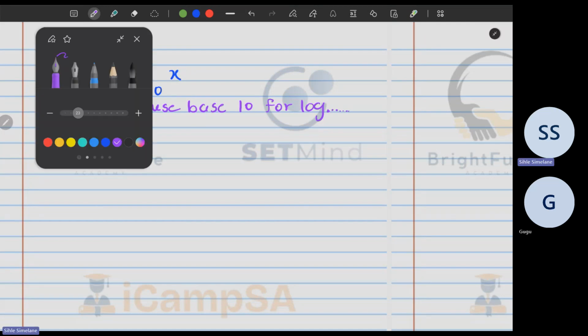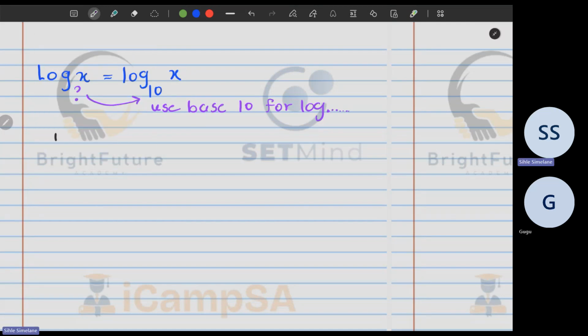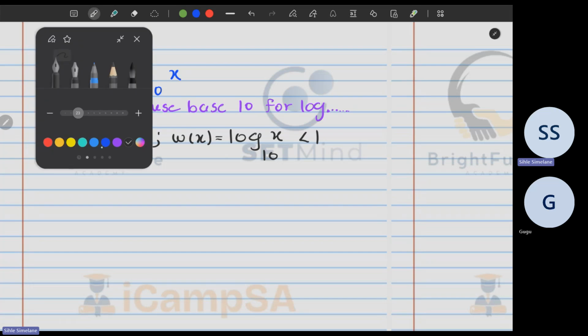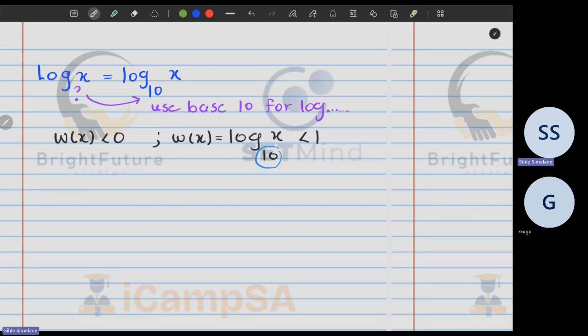Okay. So in our problem, they were saying that we need to look for values where our w of x is less than 0, meaning negative. But we know that our w of x is equal to log of x. But because there was nothing, I put in a base 10 and then I say less than 0. How do you remove a log? You take the base of the log, you make it to be the base on the other side. This should be 0.